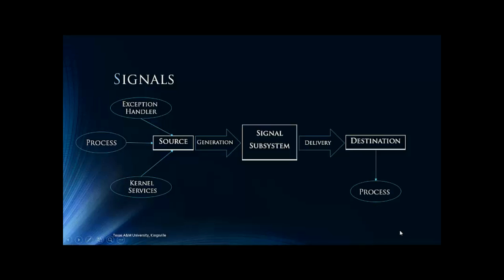Signal generation and signal delivery need not be a continuous occurrence. As soon as you generate a signal, the delivery to the destination process doesn't happen immediately. There may be a delay. Let's see why it gets delayed between generation and actual delivery of the signal.